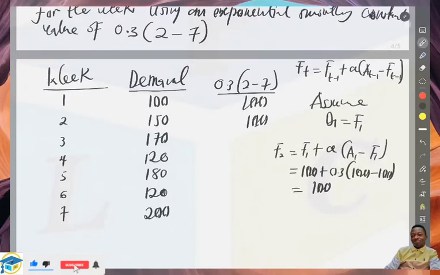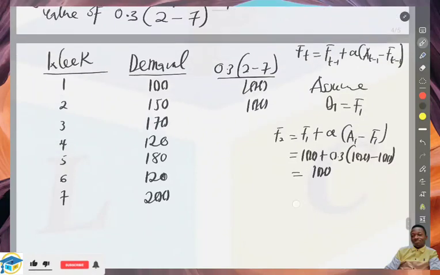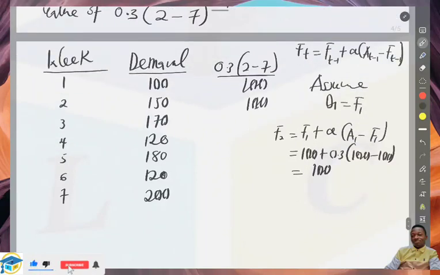Let's go to week 3. For week 3, you follow the same logic. So you have week 3, that's F3 forecast. That's going to be the forecast for week 2 plus our exponential smoothing constant times the actual for week 2 minus the forecast for week 2. So what are we getting? We have the forecast for week 2 to be 100, right?